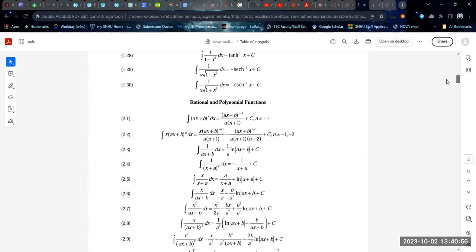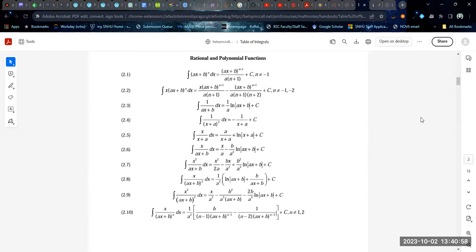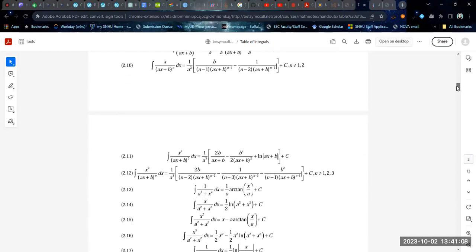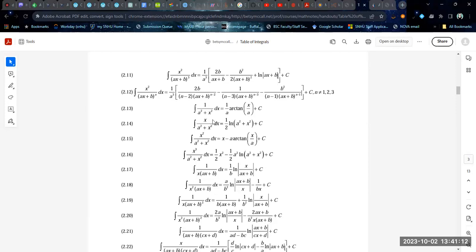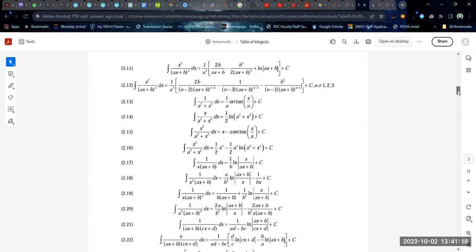Let's go back to the very beginning. Here's our rational polynomial functions. So that's linear, so that's not what we want. Those are factors that are squared. That's not what we want. We have a u and a u squared, so that's not quite it either.